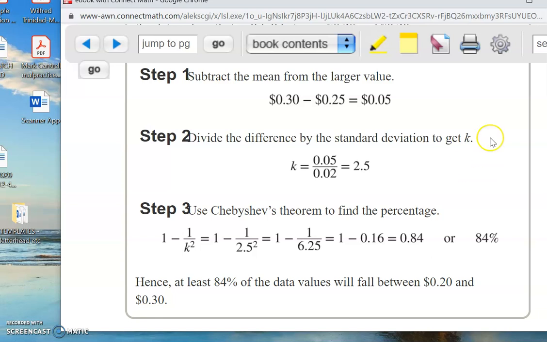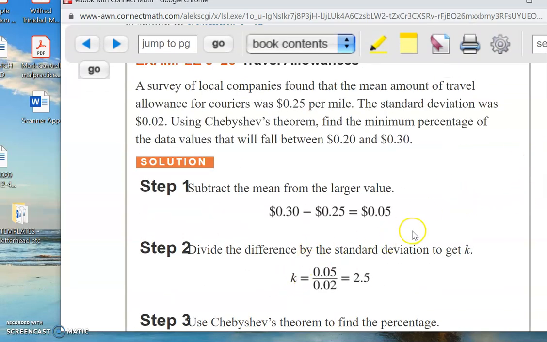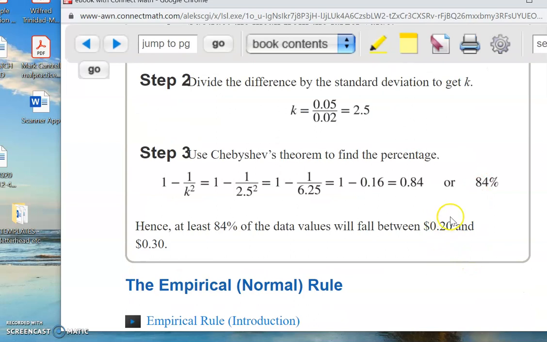So K is equal to 2.5. So 2.5 times this delta tells you how far away you are from the mean, using the standard deviation as the ruler. We're going to use Chebyshev's theorem to define the percentage.